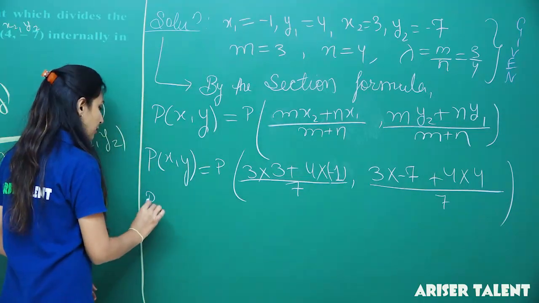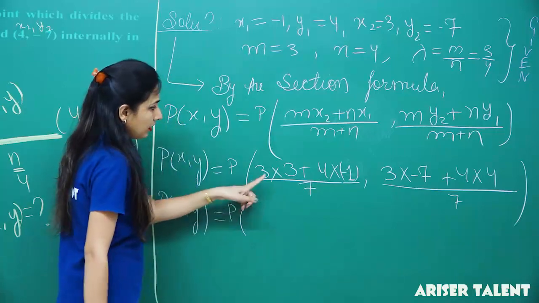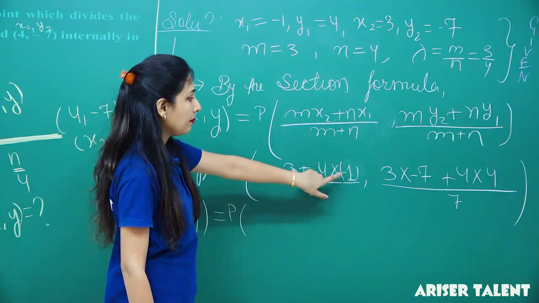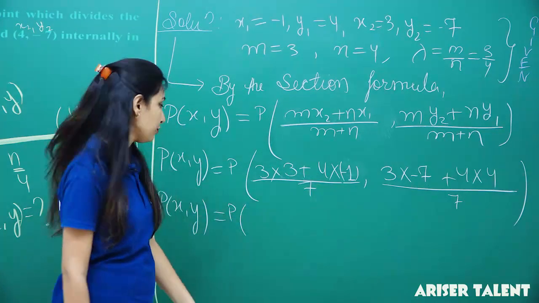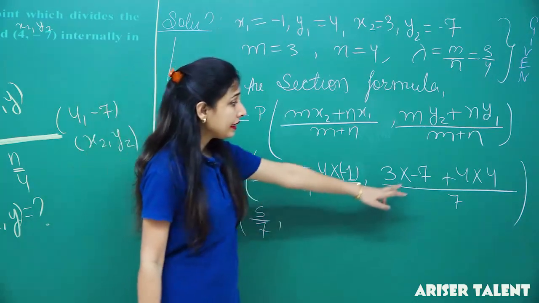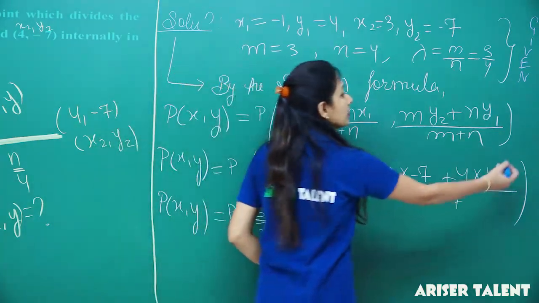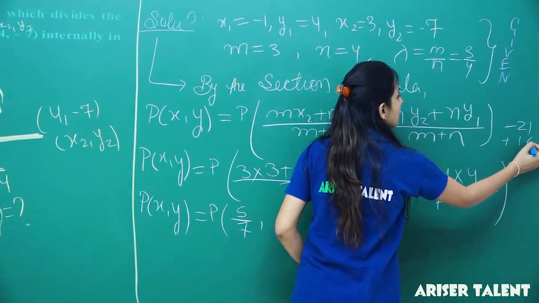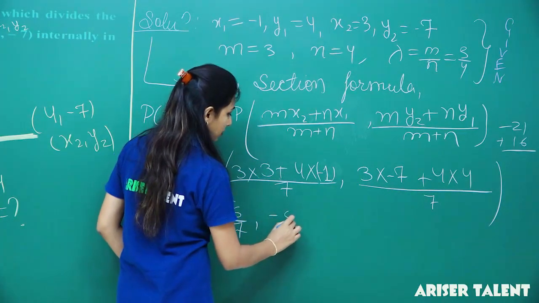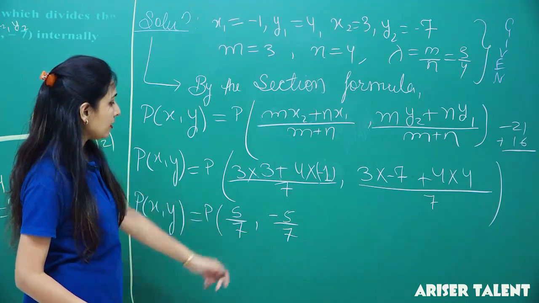Okay, so P(x, y) will be P of (12 plus minus 4), so 12 minus 4 is 8, so 8 by 7, comma, that is minus 21 plus 12, which is minus 9 by 7.